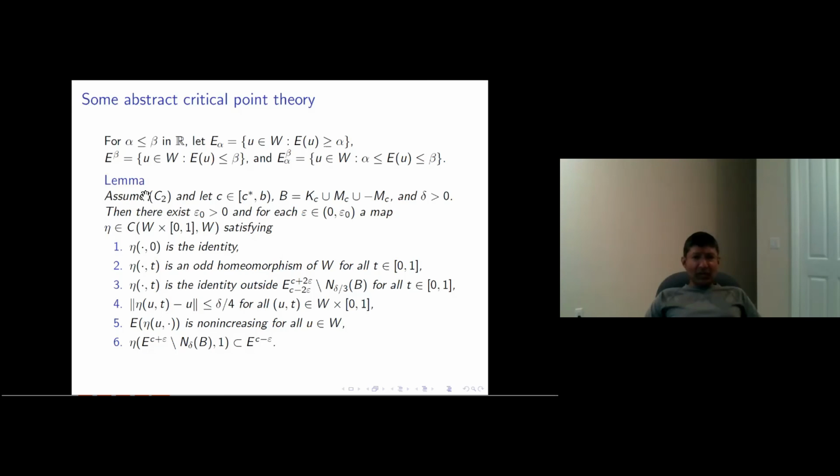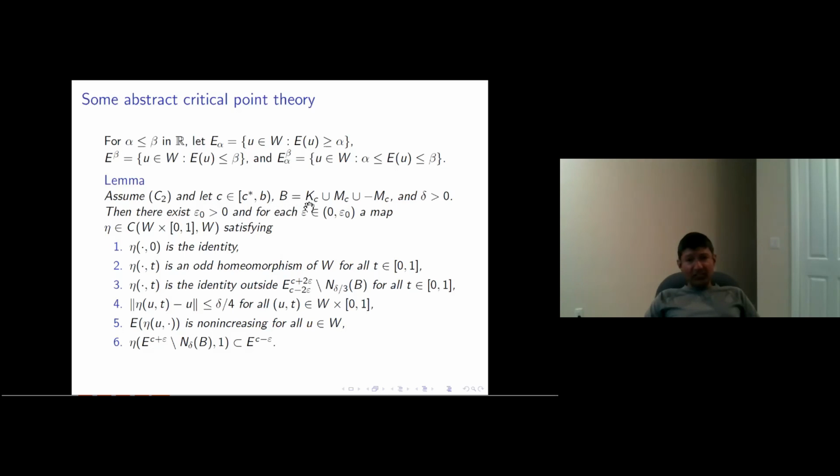And you see that we are assuming that we are working with a level C between the threshold C star for compactness and the level B that appears in the condition C2.